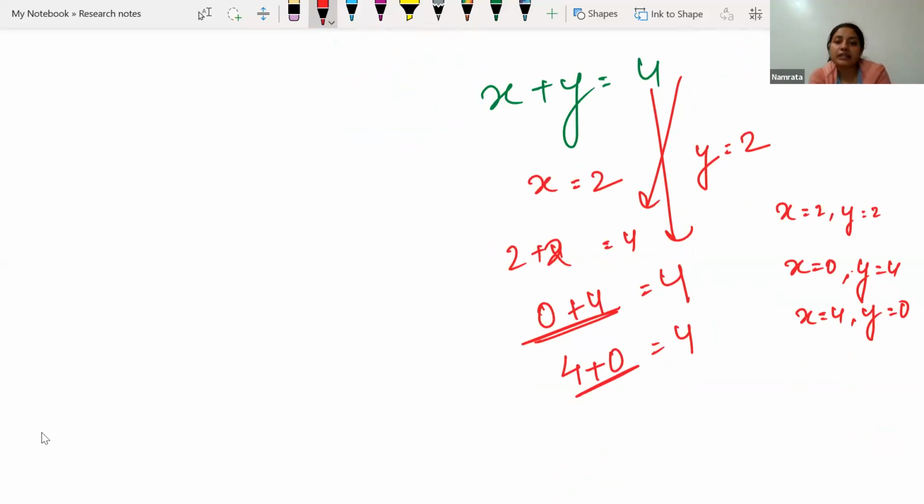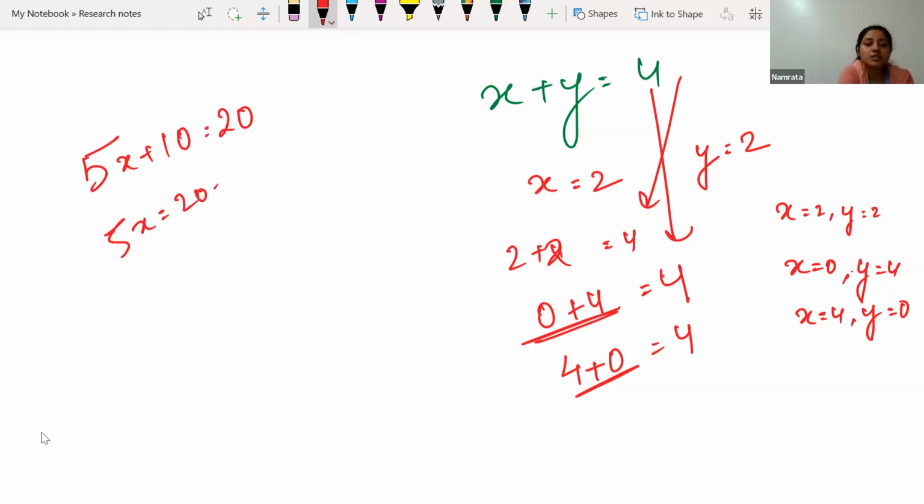So when we have a linear equation in two variables, as you can see over here, we are not able to get that one particular solution which we were getting in a linear equation in one variable. When we used to solve this type of equation, let's say 5x + 10 = 20, so 5x = 20 - 10, 5x = 10, x = 10/5.